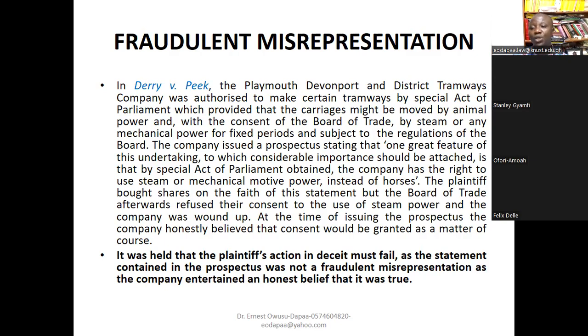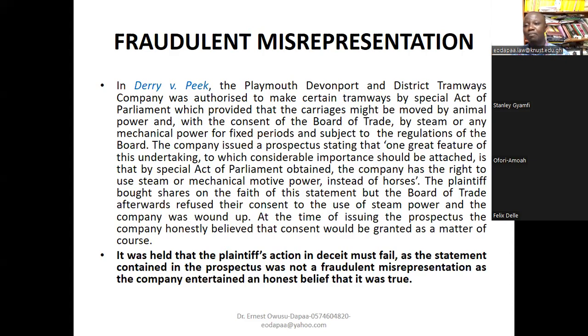So what we notice is that in Derry and Peek, the House of Lords, through Lord Herschell, propounded a very useful test for determining whether fraud had been committed or not. Nevertheless, the test of fraud was not satisfied according to the facts of that case. And for that matter, the court held that no fraud had been committed. So let us keep that in mind.